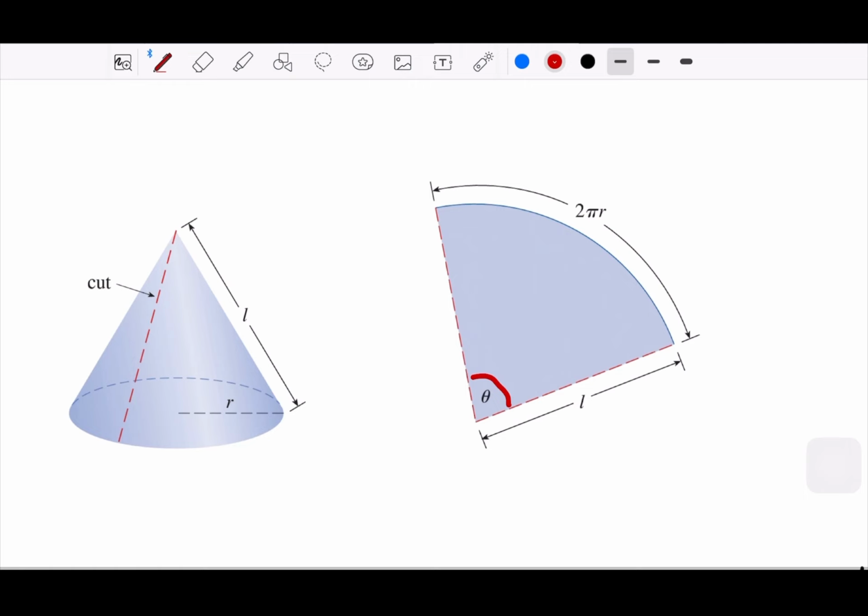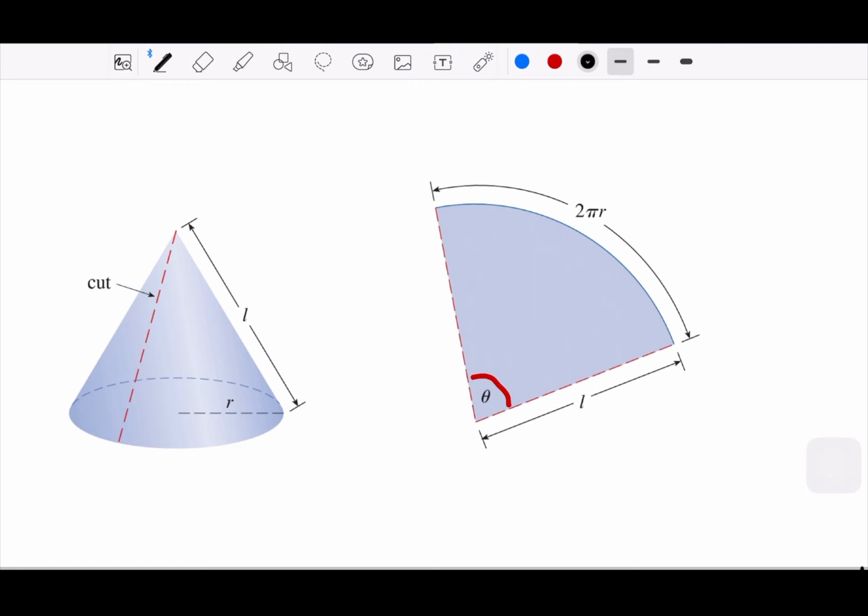So the area of a circle is just pi r squared, and now the radius on this side is this side L, not to be confused with this r here. The r is the radius for this small circle, and we now have a big circle, right?